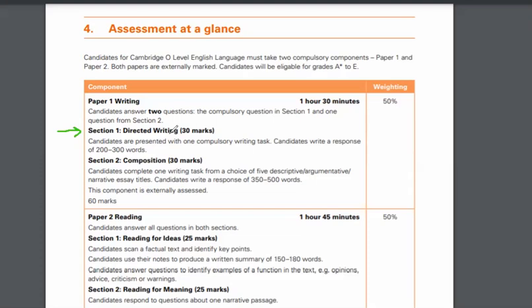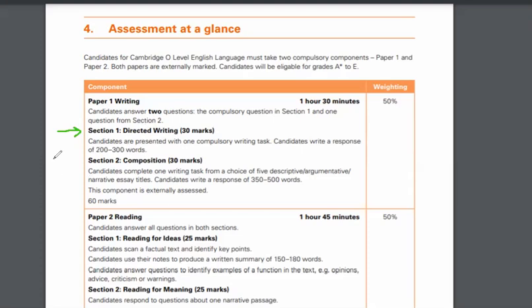And you will be given directions as to what are the important components that should be there in your piece of writing. Based on those directions, you have to write a response of 200 to 300 words, not less than 200, not more than 300.